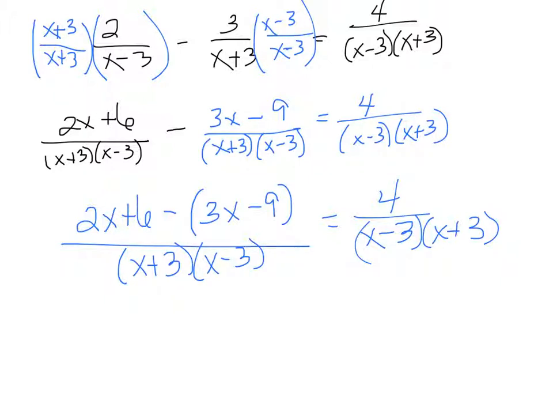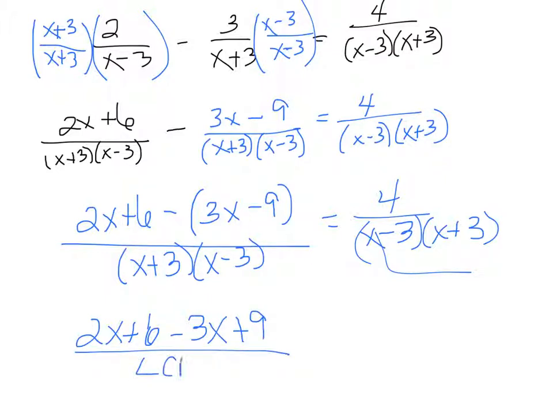Okay, now that we can see that we have to distribute the negative, we have 2x plus 6 minus 3x, and then when we take a negative 9, that's plus 9 over our LCD is equal to 4 over our LCD.